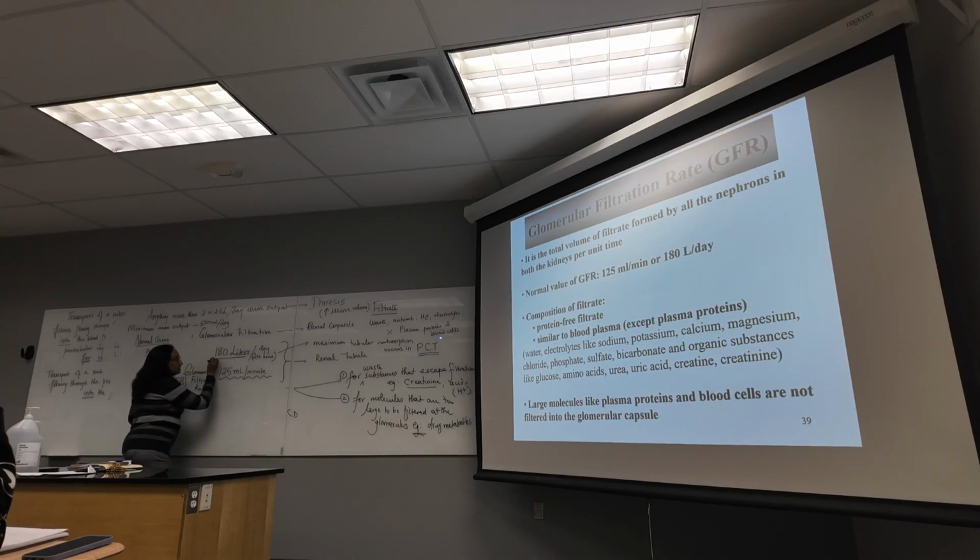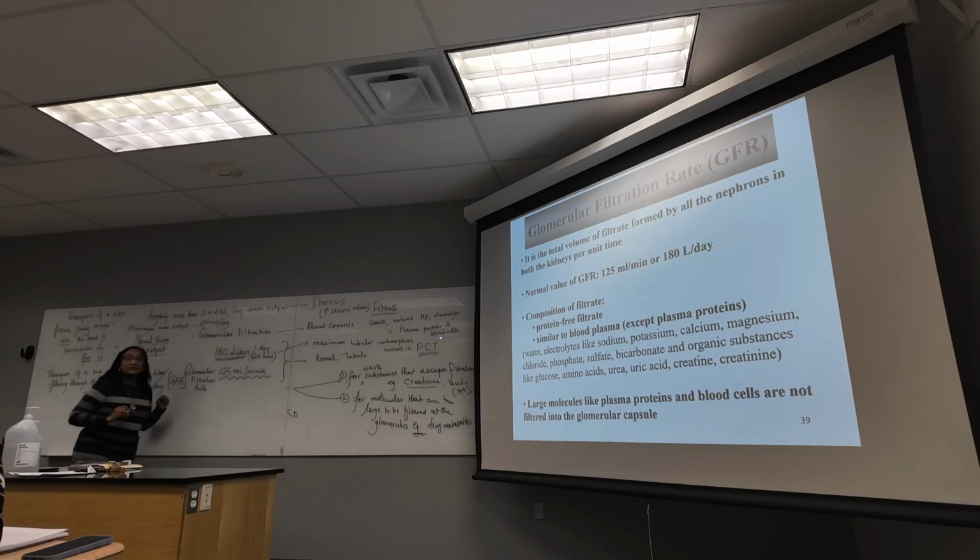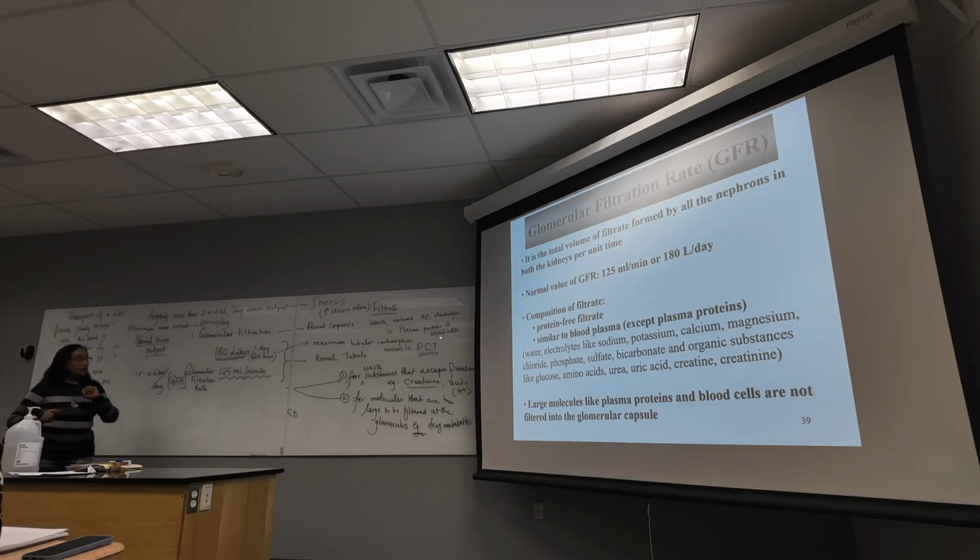So your filtration is 180 liters per day, but what you're actually throwing out of your body every day is about 1.5 to 2 liters. So what's happening to that remaining 178 liters? Reabsorbed.